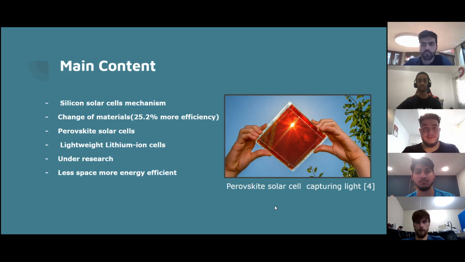The lightweight lithium ion cells take much less space than the batteries that we are using now. So in any space, we can put more lithium ion cells, and with the perovskite cells, we can have 25% more efficiency. So we have less space and more efficiency in each panel.